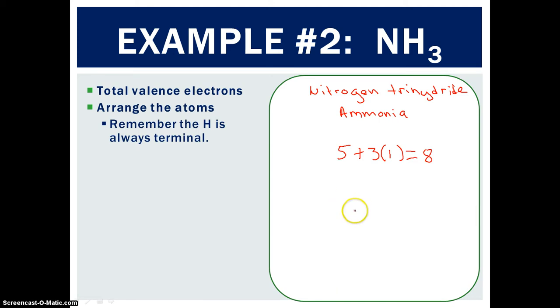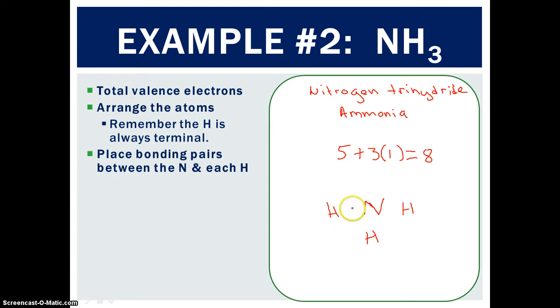And I'm going to arrange the atoms, keeping in mind that hydrogen is always around the outside. So I'm going to put nitrogen in the middle and my 3 hydrogens around it. Then I'm going to draw in my bonds. Every set is paired. Then I'm going to see how many pairs remain. Count them up first. 2, 4, 6 total electrons in pairs. I have 2 more.